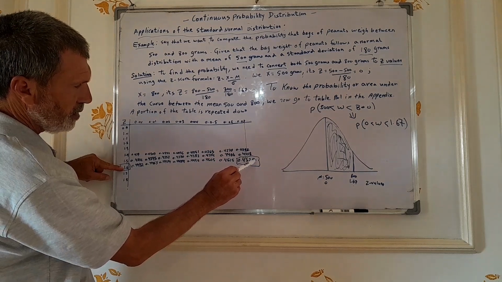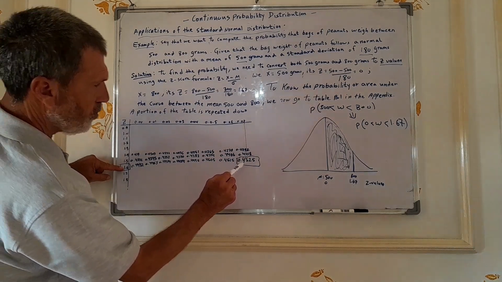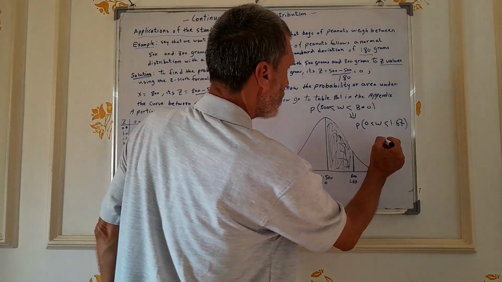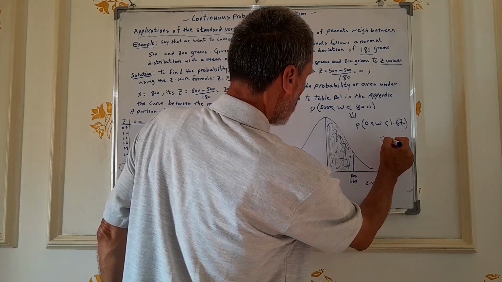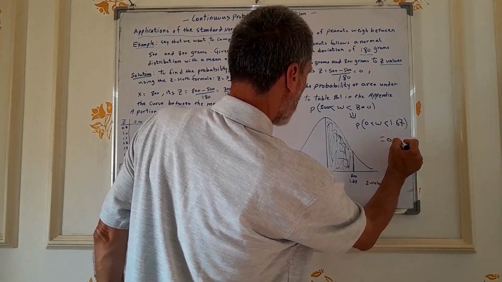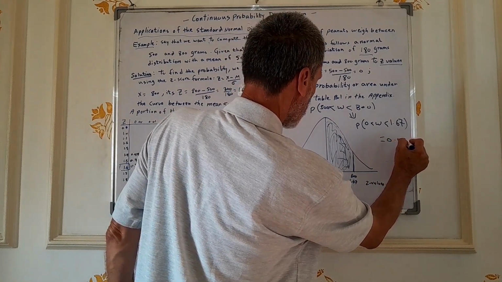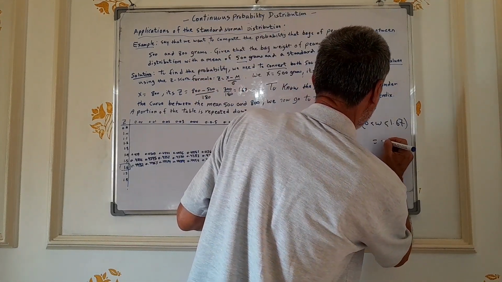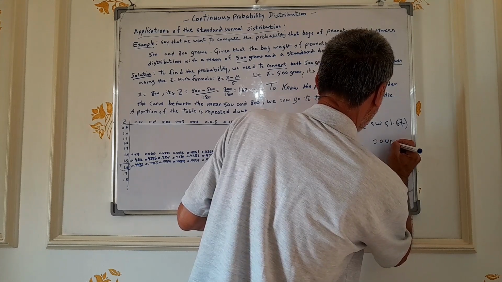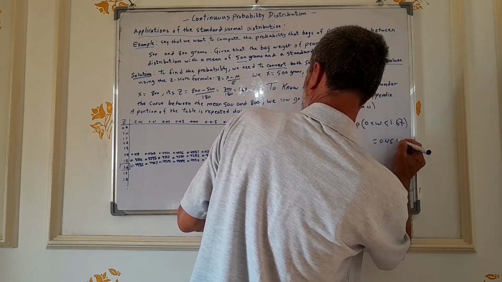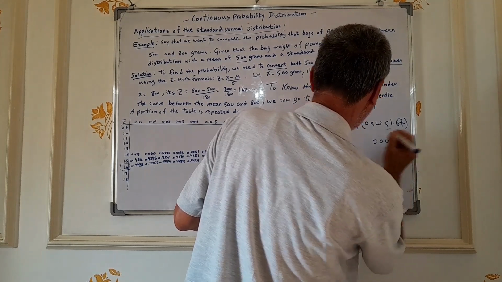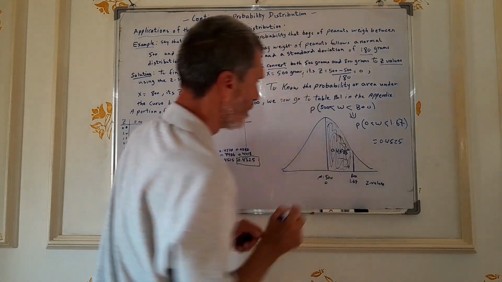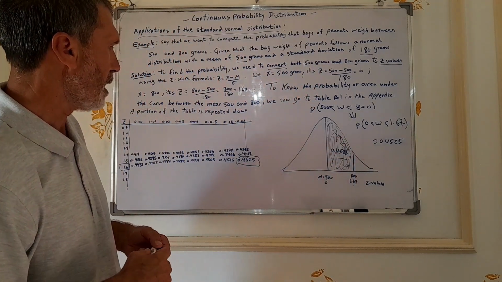This is the probability, 0.4525. This is the area.